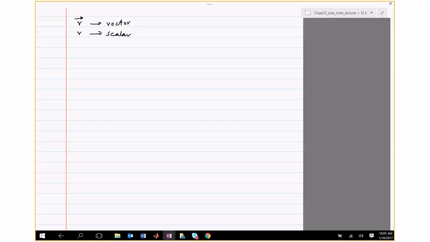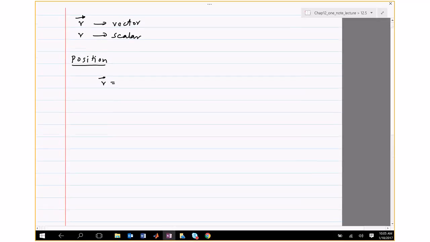So in this class we're going to talk about position in 3 dimensions. Position is R, and that has 3 components: the X component, the Y component, and the Z component.